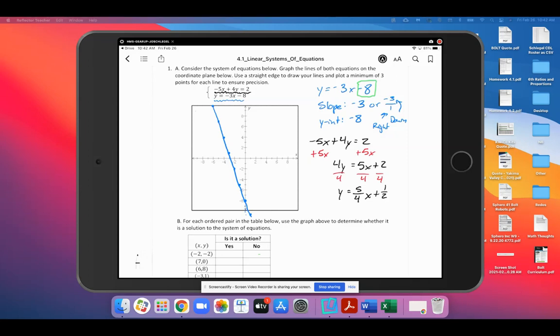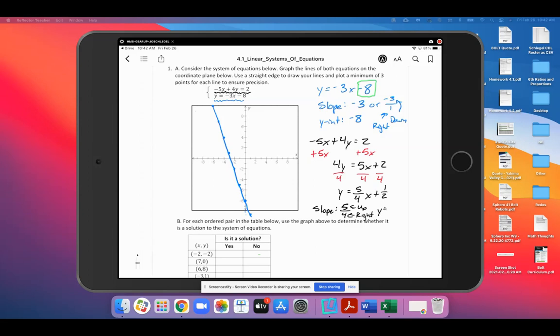It's kind of a pain that we end up with a half there as a y-intercept instead of a whole number, but I suppose it is what it is. And so what we have here now, folks, is a slope of 5/4, which tells me to go up 5 and to the right 4.